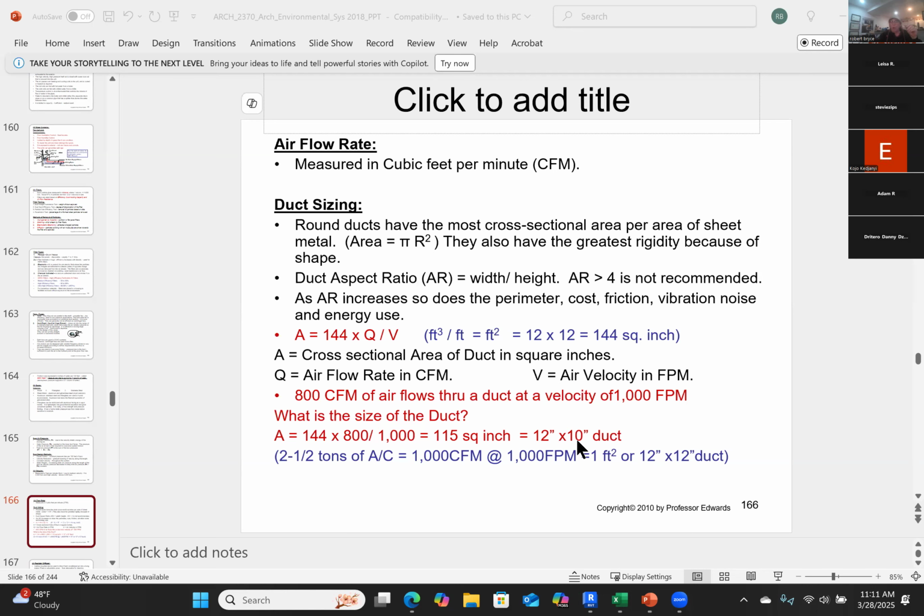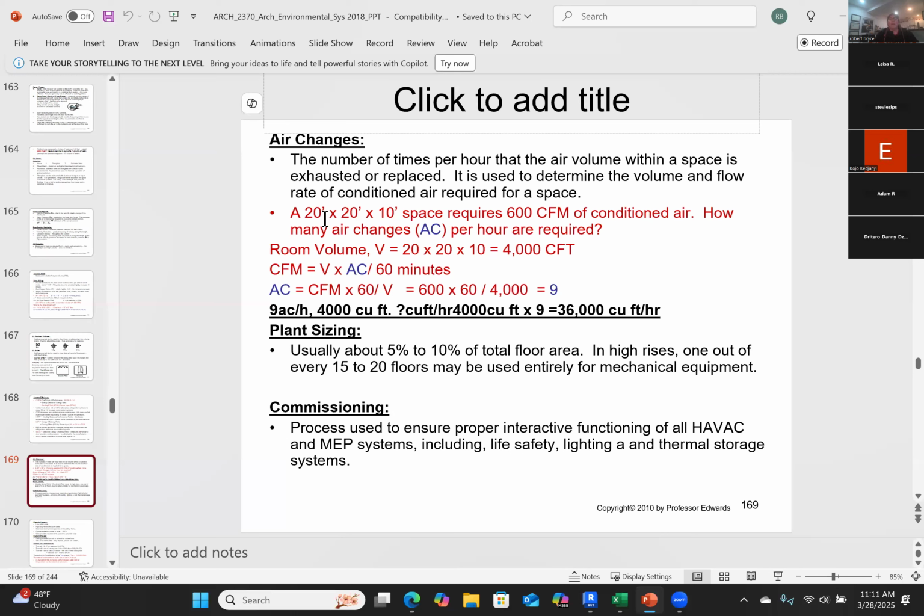All right, let's talk about our air changes per hour, because we've done that before and we need to do it again. Say we have a room 20 by 20 by 10, so that's length times width times height. That gives us volume, because feet times feet times feet is cubic feet. That's the volume of the area.